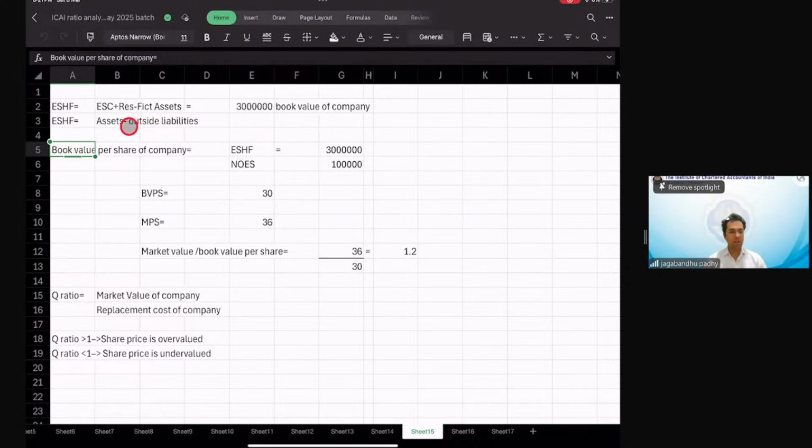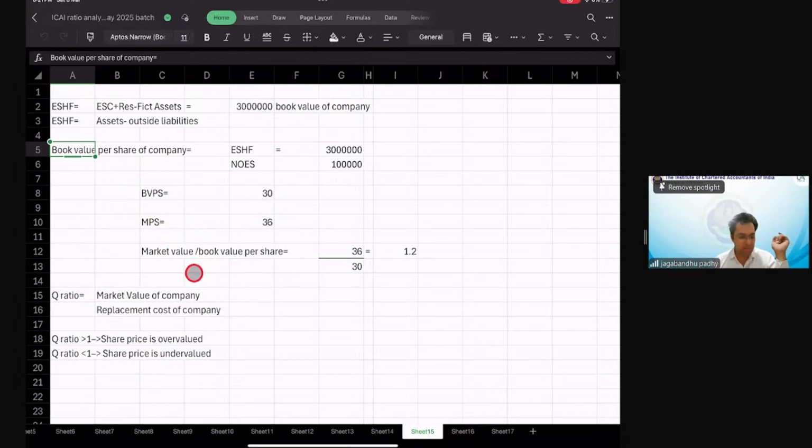A book value per share of the company is equity shareholders funds upon number of equity shares. This 30 lakh is the value of all the equity shares. Now, if I want the value of just one equity share, I divide it by the number of equity shares. So that gives me a book value of 30. Now, this same share is trading in the market at a price of 36.